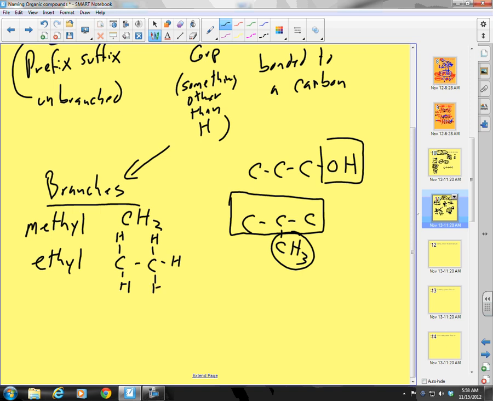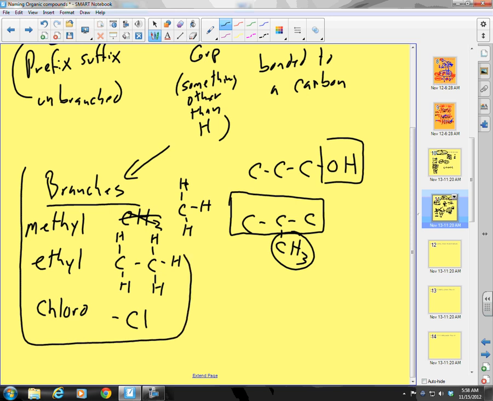That is an ethyl group. And oops, let's draw that better. So when you see this coming off of the side of something, that might be a methyl group, ethyl group. We could have a propyl group. We might have a fluoro or a chloro. A chloro means that I have a chlorine popped onto it. Something like that. These are typical branches.